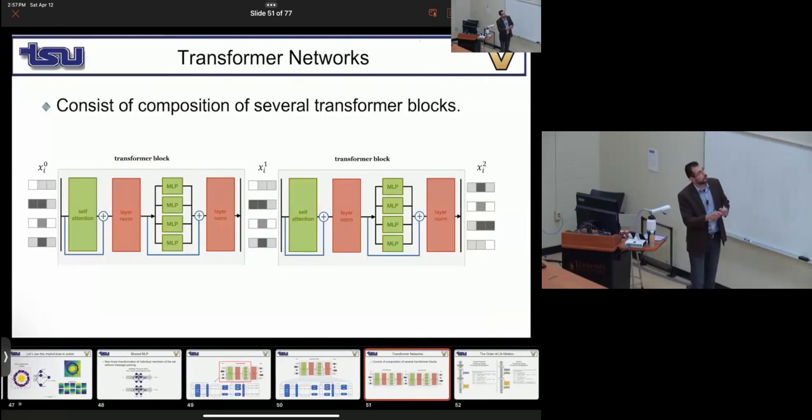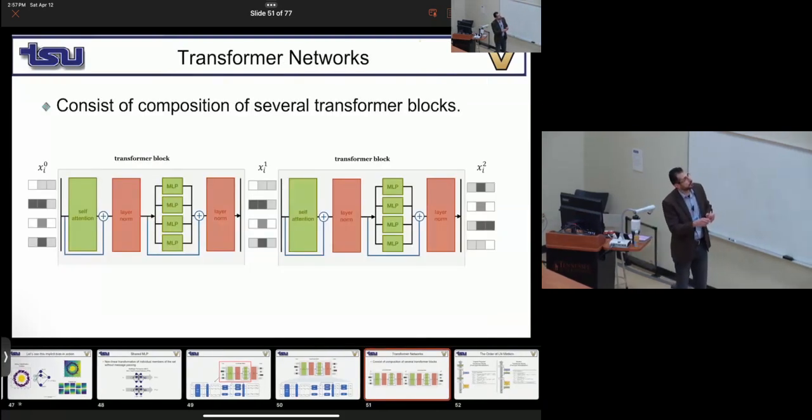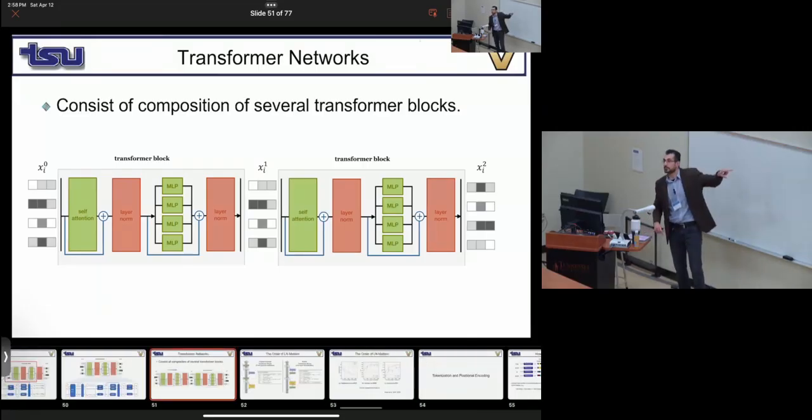I have the input tokens, transformer block 1, the output tokens. Remember, this whole operator is a set neural network that's permutation equivariant. I apply another transformer block, I get the outputs, and the original paper said they have n of these elements.